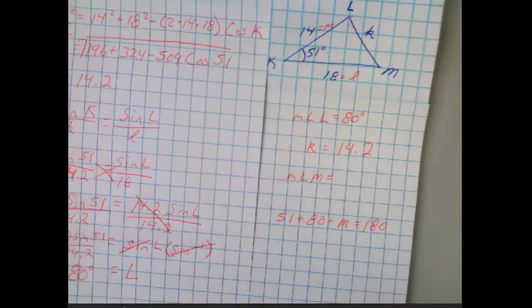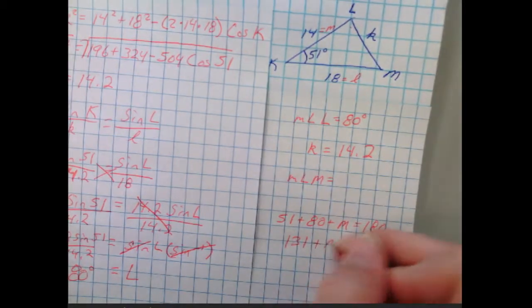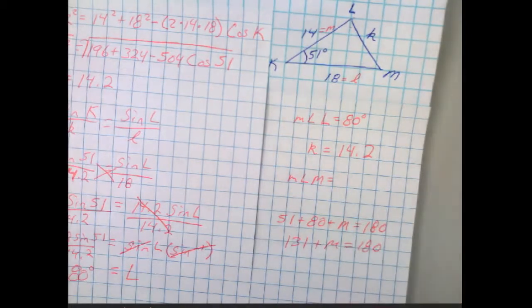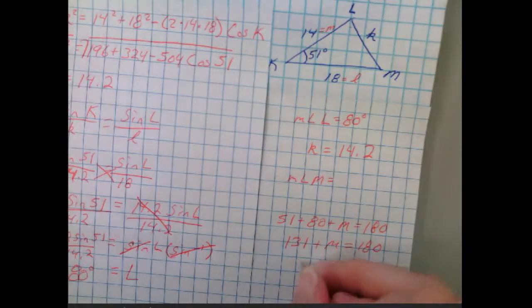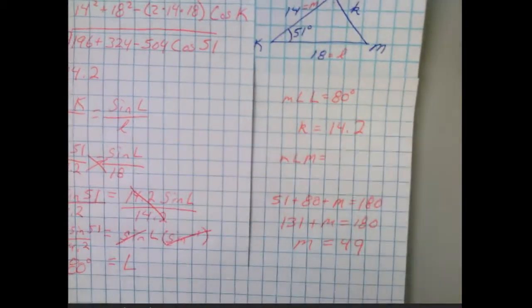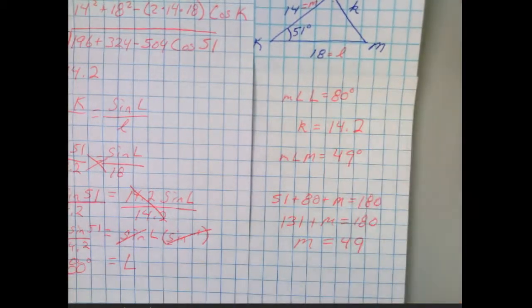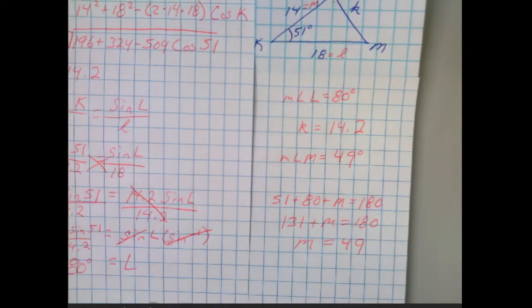If I add together my 51 plus my 80, I end up with 131 plus M equals 180. Then we just subtract 180 minus 131, and we end up with M equals 49. So I'm going to put my 49 in there for M. That's 49 degrees.